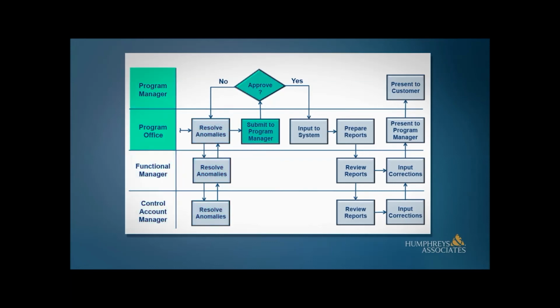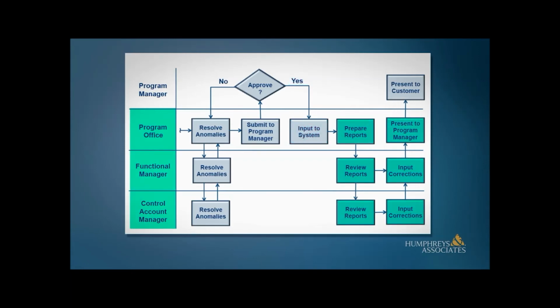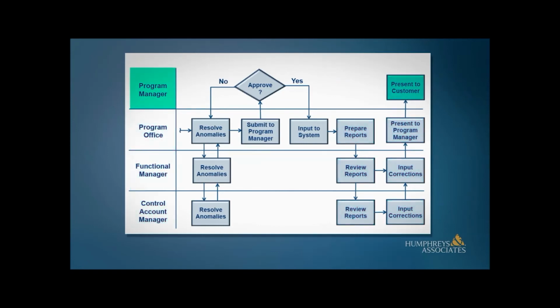The information is reviewed with the project manager and, if acceptable and approved, is input to the automated performance measurement system. The reports are reviewed for accuracy and results are compiled. The project manager approves the final estimates and presents them to the customer in an acceptable format, usually the CPR or IPMR.